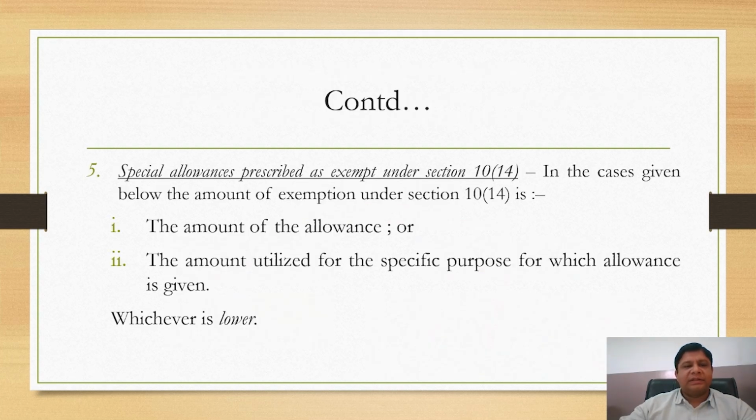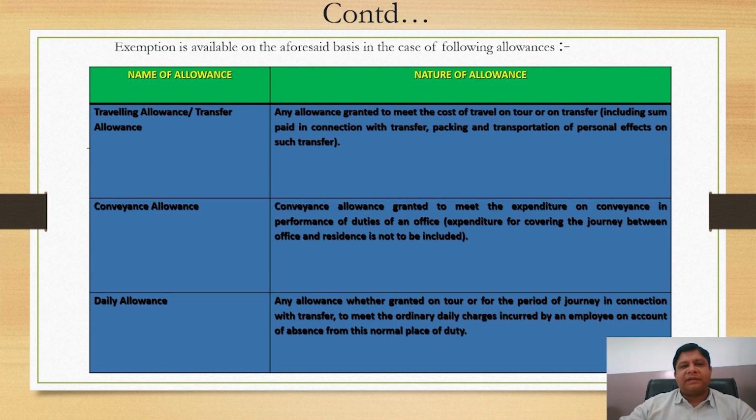Next allowance, special allowance prescribed as exempt under Section 10(14). The amount of the allowance or the amount utilized for the specific purpose for which the allowance is given, whichever is lower, is exempt. Exemption is available on this basis in case of the following allowances.